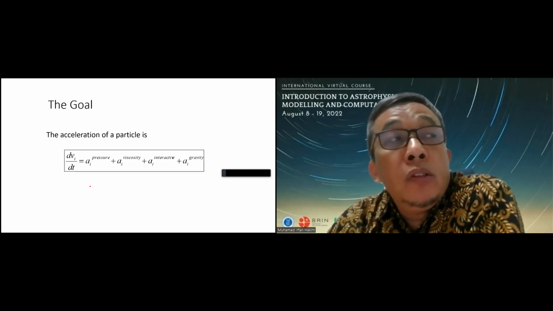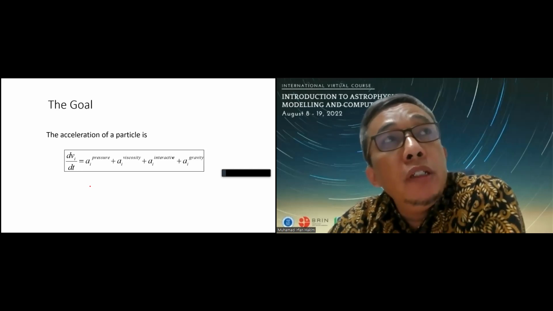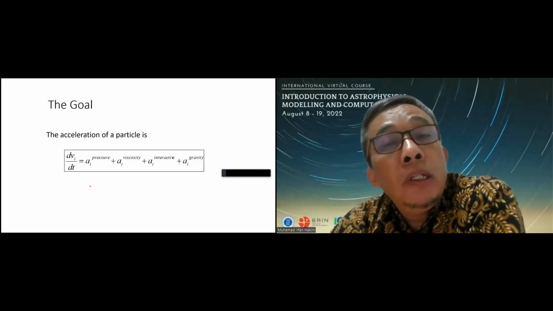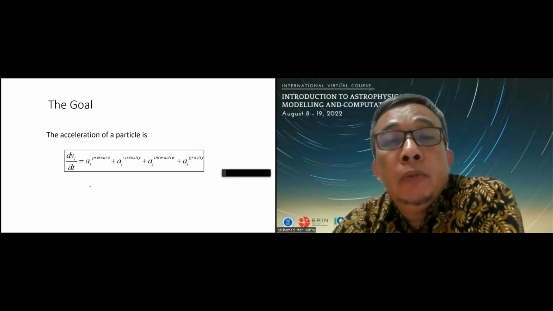This is why we call this following the particle, the dynamics of the particle.